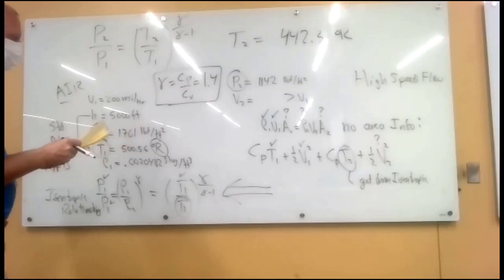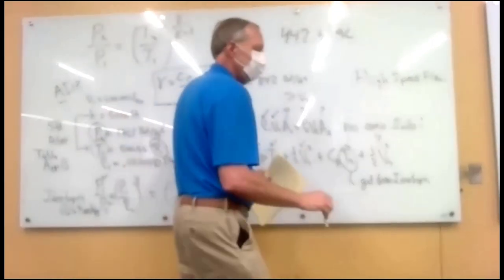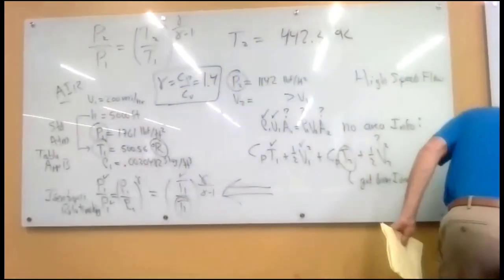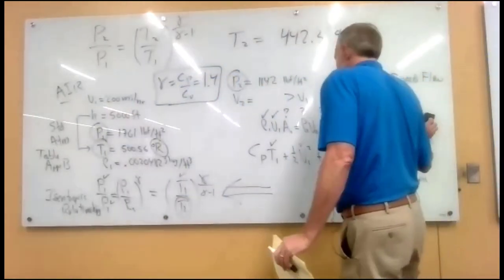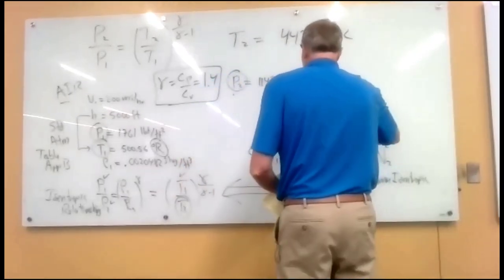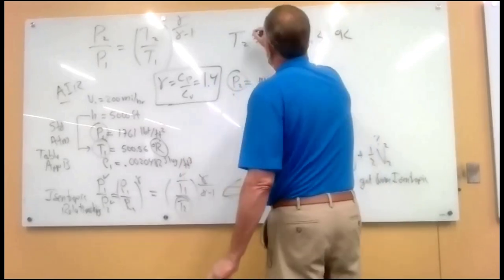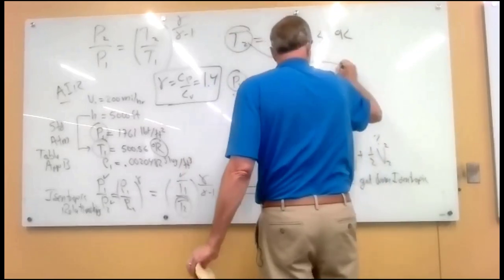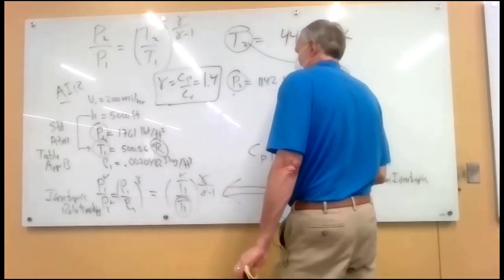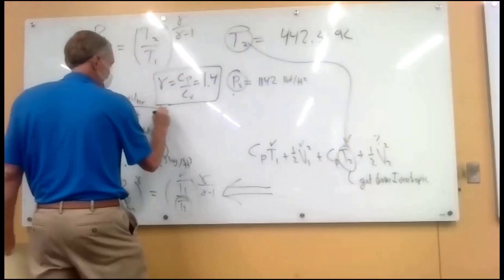All right, so the next step is to use this equation. So I'm going to give you the data for that, and we'll crunch away on that one as well. So here is T2. It goes in here. V1 is 200.